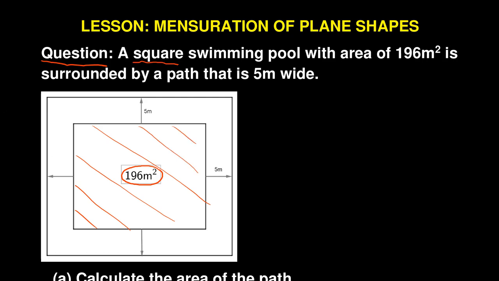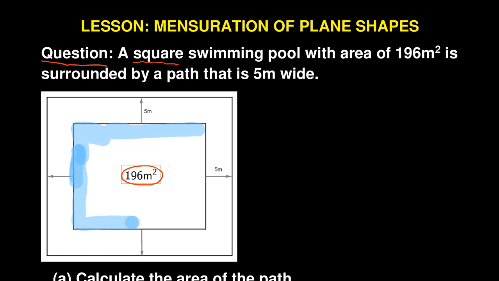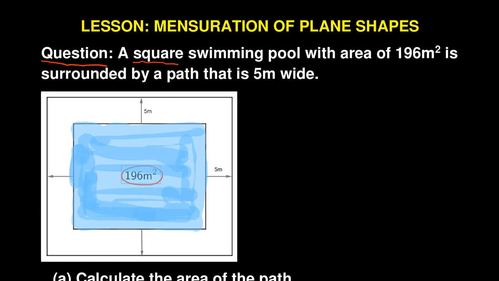Maybe if I use color, it will make it much better. So let's say I have my water as blue there. This is my swimming pool, and if they are saying square, this is our water there inside the pool, as you can see.